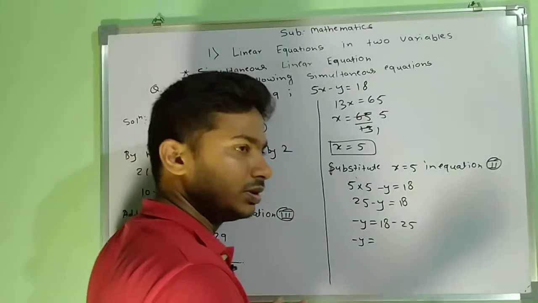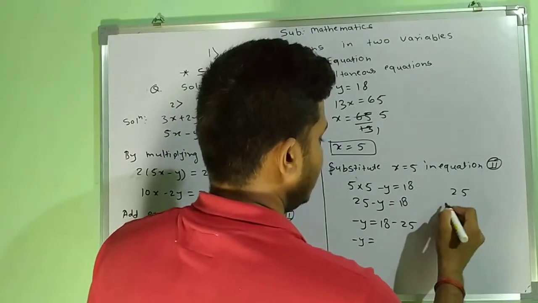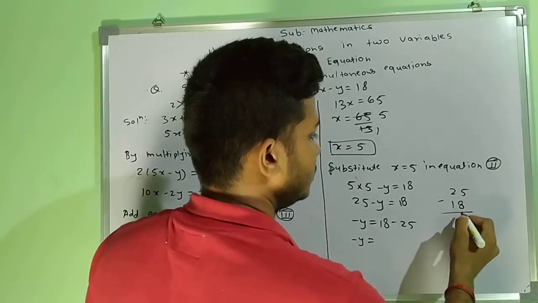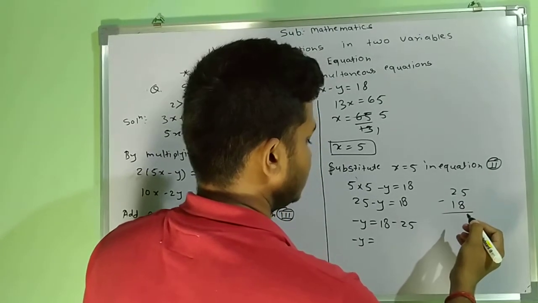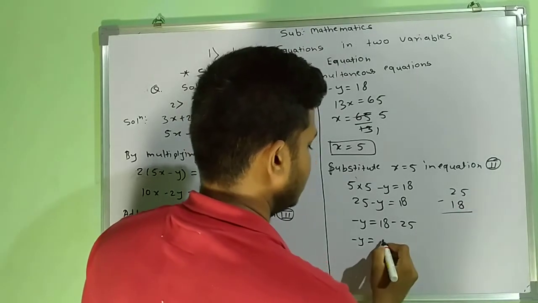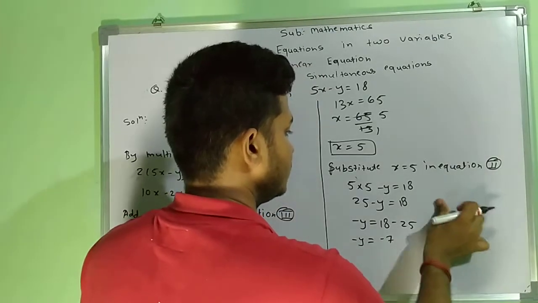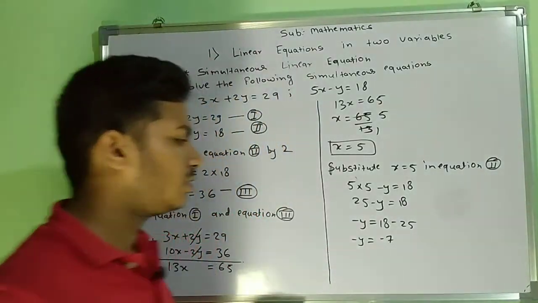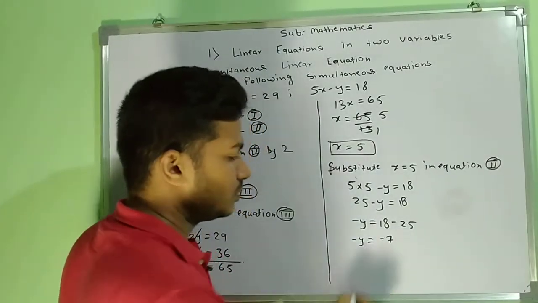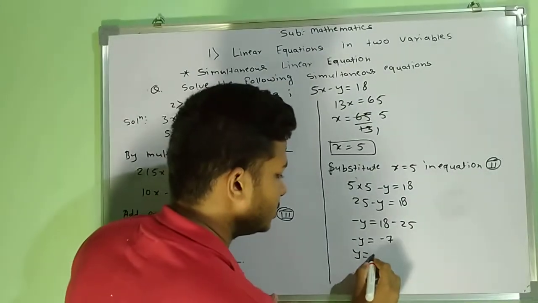So we have to subtract 18 from 25, which gives 7. So we got minus y as minus 7. By multiplying both sides by a negative sign, we will get y is equal to 7.